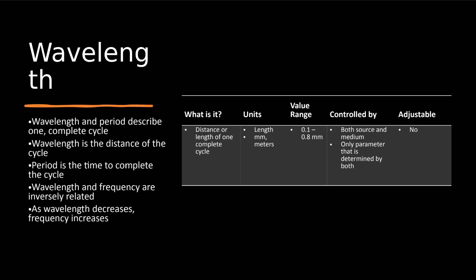It is going to be controlled by both the ultrasound system and the medium. So this all depends on the patient that you're scanning and the organ that you're scanning. This is going to be the only acoustic parameter that is determined by both, and it is not adjustable, right? Because we can't really control that from the sound source, and we can't really control what type of medium it's going to be traveling through.